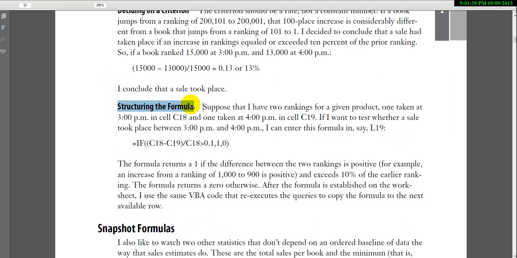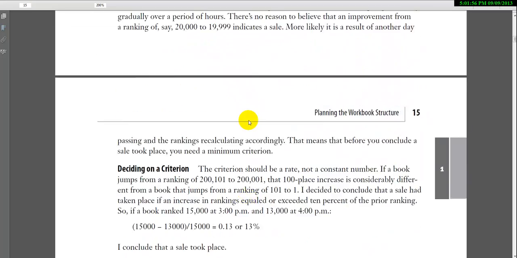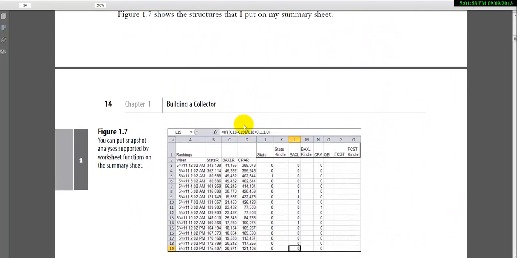Structuring the formula. So how do you do that? How do you implement this? Suppose that I have two rankings for a given product, one taken at 3 in cell C18 and another taken at 4 in cell C19. Remember, his spreadsheet looks like this.